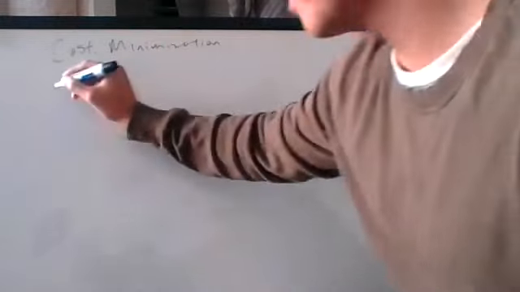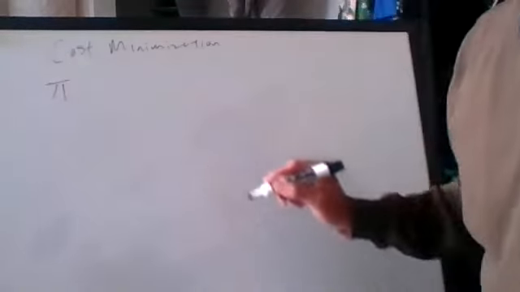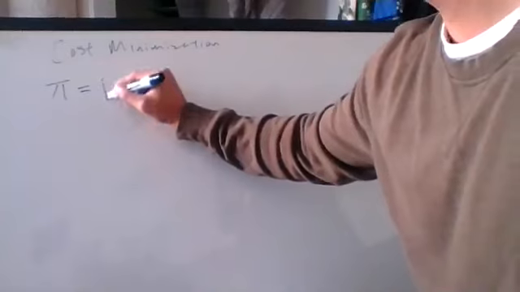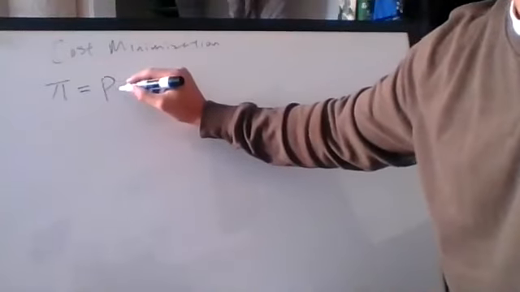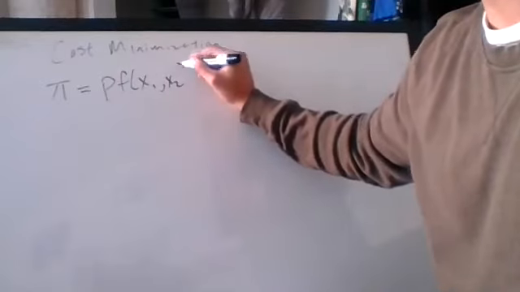And so I want to kind of bring you guys back to the profit model that I briefly wrote down. And so it's possible that you guys didn't even notice that I wrote it down. But in this class, right, we're going to make the assumption that profit is going to be equal to the price that we sell a good for times the amount of units that we produce, right?